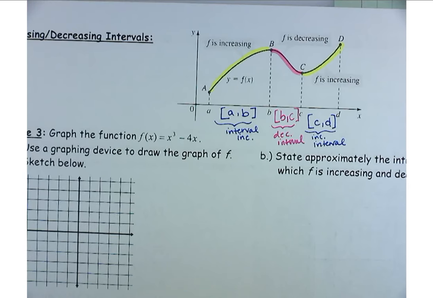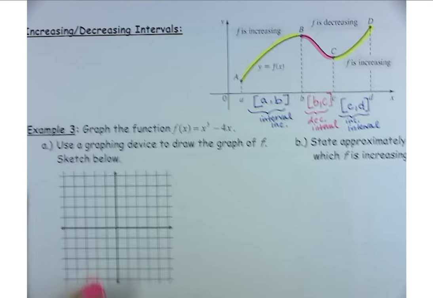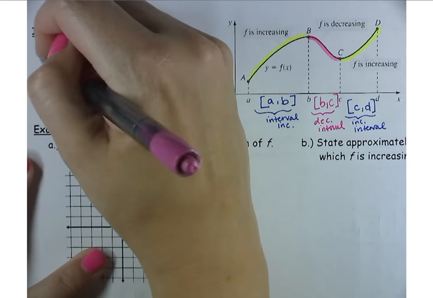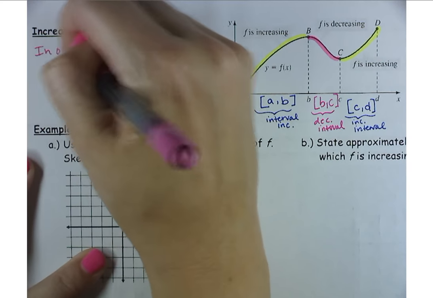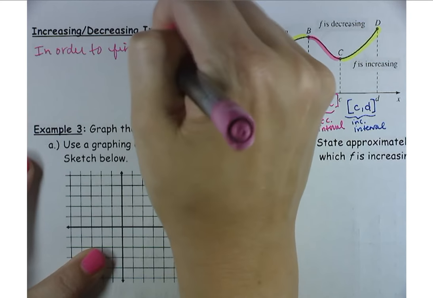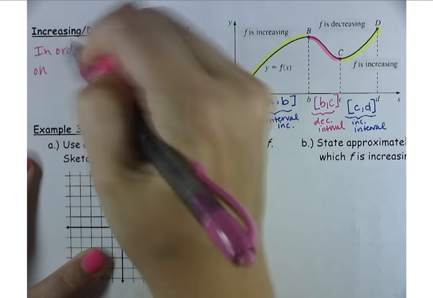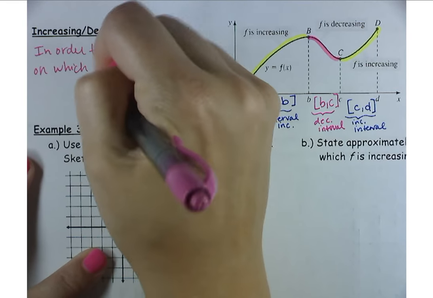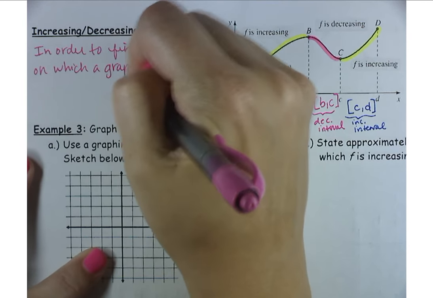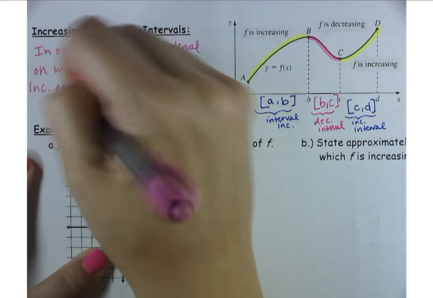Okay, so whenever you are trying to find the interval on which a graph is increasing or decreasing, you are going to use the x values.